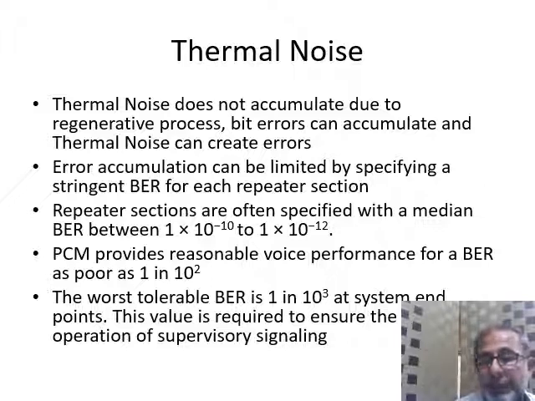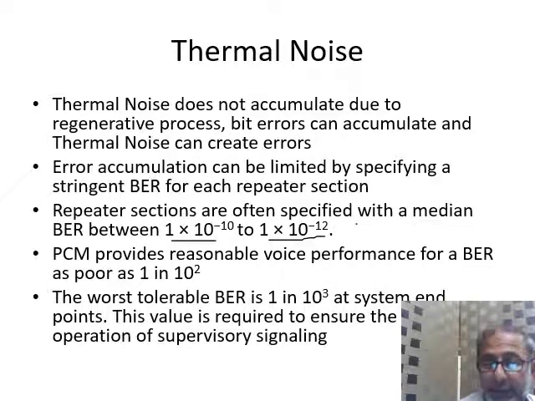But bit errors can accumulate, and thermal noise can create errors. Repeater sections are often specified with the median bit error rate between 1 in 10 to the power minus 10 and 1 in 10 to the power minus 12.